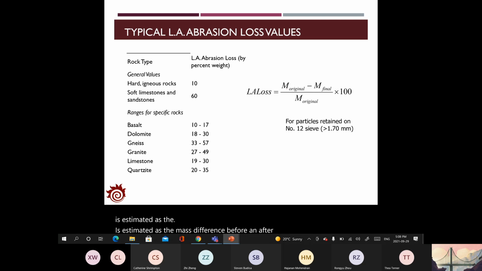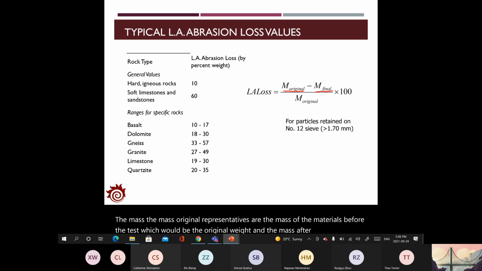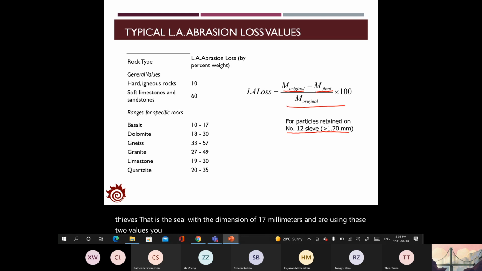The mass original represents the mass of the materials before the test, which would be the original weight, and the mass after the test will only be the materials which are retained on the number 12 sieve. That is the sieve with the dimension of 1.7 millimeters. And using these two values, you can find out the percentage.